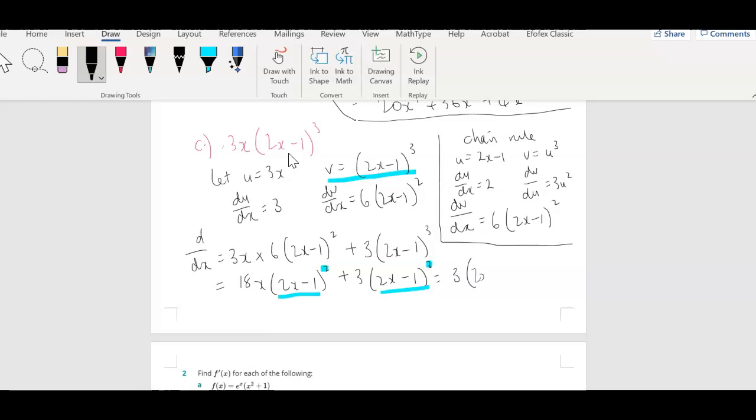So 3(2x minus 1) squared is a common factor, and then I'm left with 6x times 2x minus 1. Running out of room.